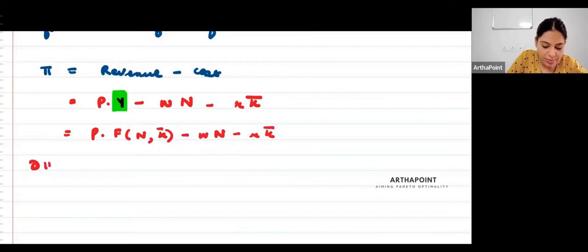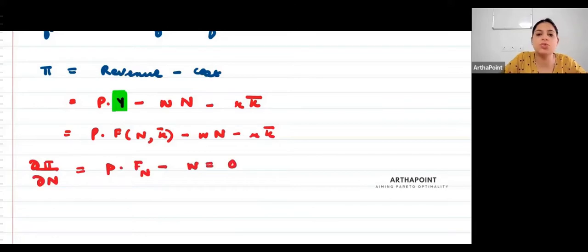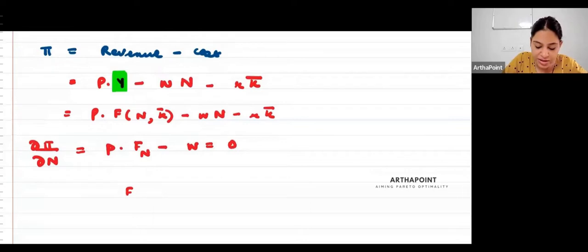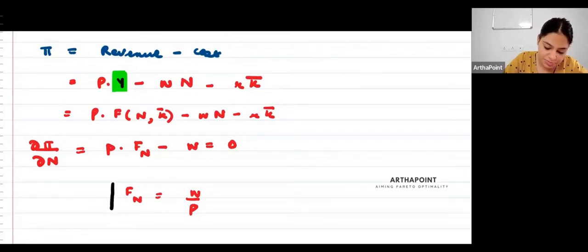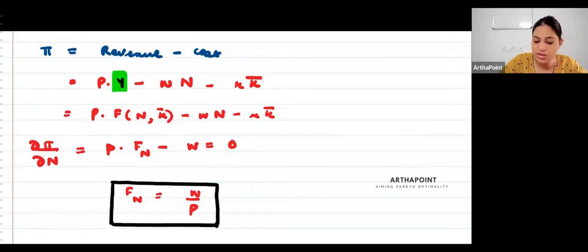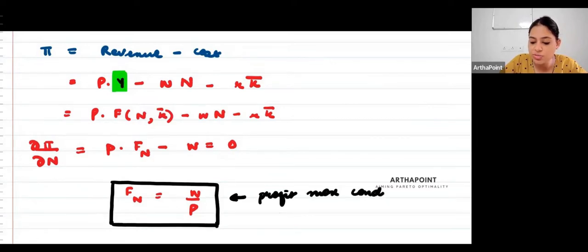Now, how does my profit change as labor changes? This will be P into Fn minus W equal to 0. So I will get Fn is equal to W by P. This is your profit maximization condition.